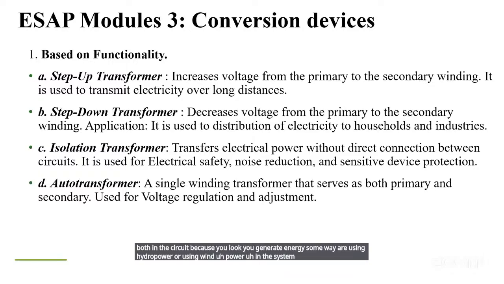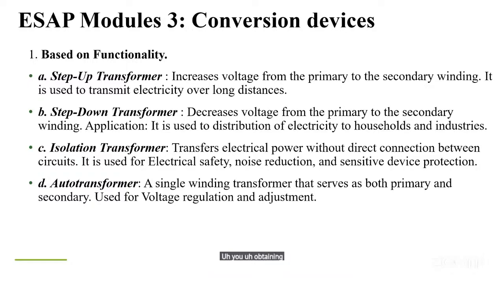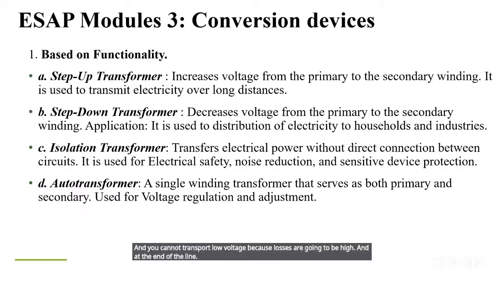You produce that energy, let's say, obtaining 220 volts, but you have to transport it. And you cannot transport low voltage because losses are going to be high. And at the end of the line, you will get a very, very low voltage.